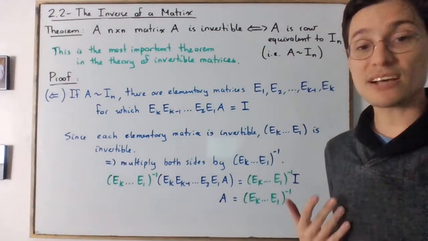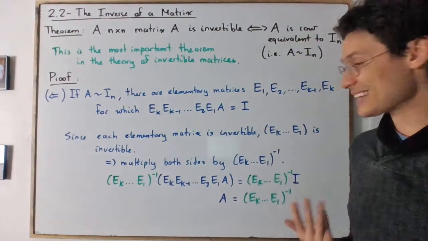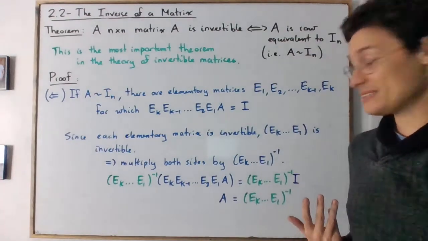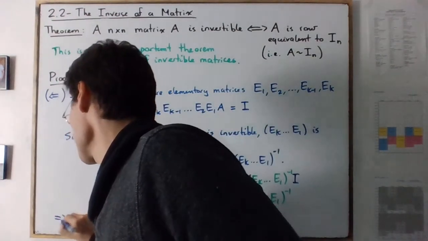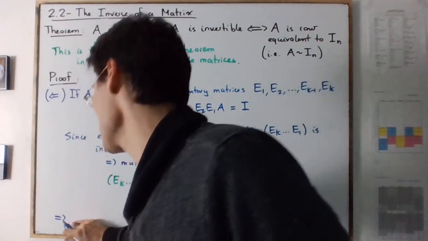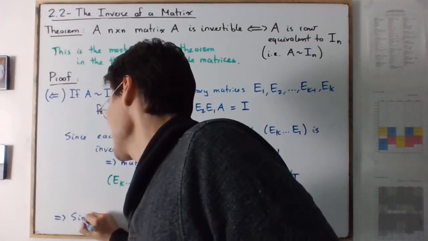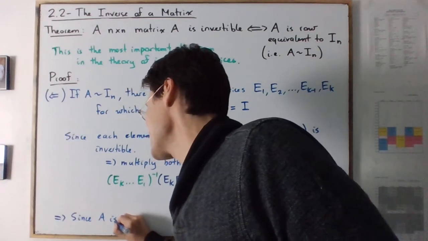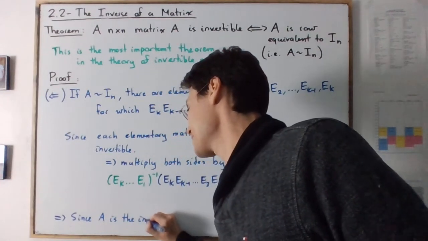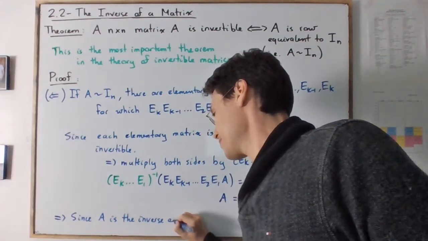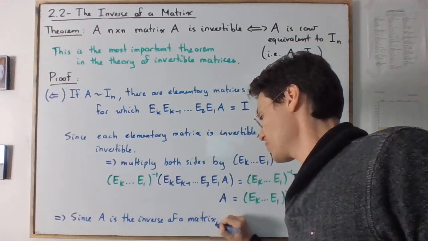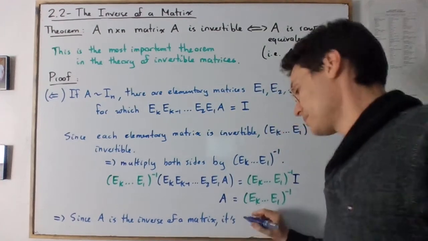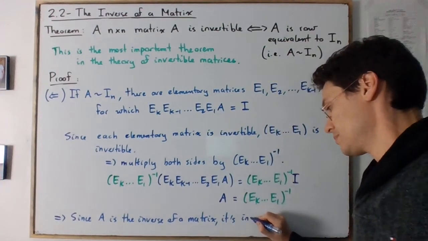So what did we discover? Well, we discovered that A is the inverse of a matrix. So since A is the inverse of a matrix, it's itself invertible.